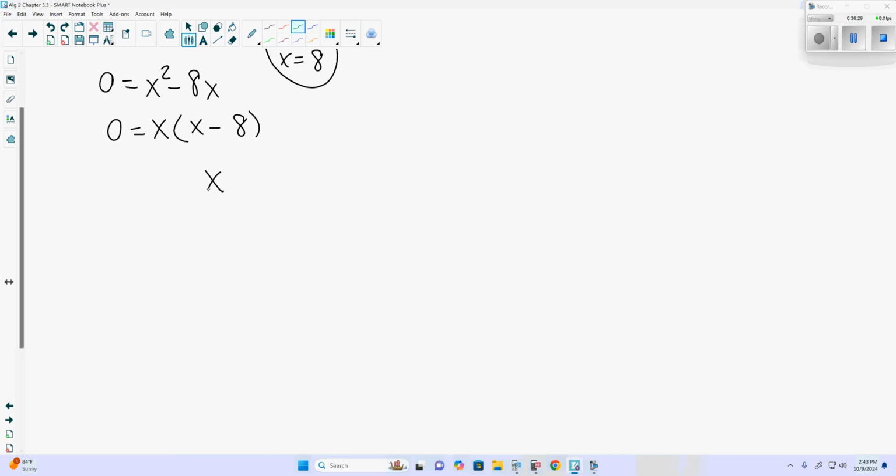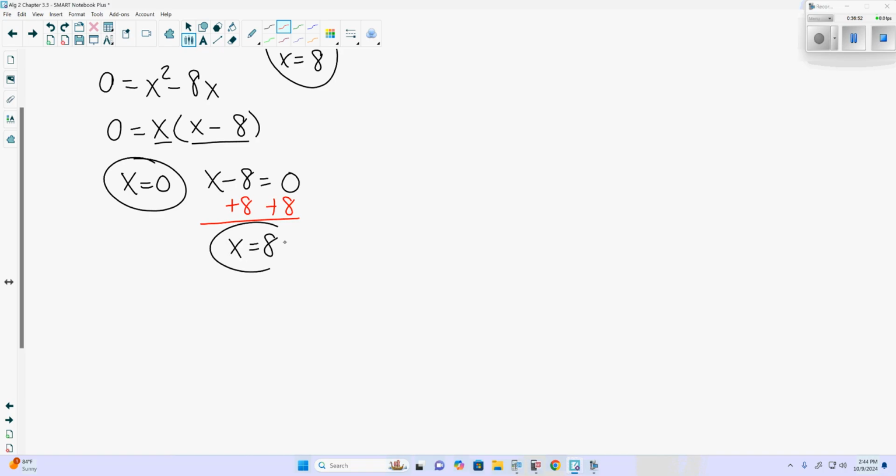So it's telling us that either x minus 8 is equal to 0 or x is equal to 0. That's done. X is already by itself. It equals 0. We're done with that one. The other one we would add 8 to both sides, so x is equal to 8. Done.